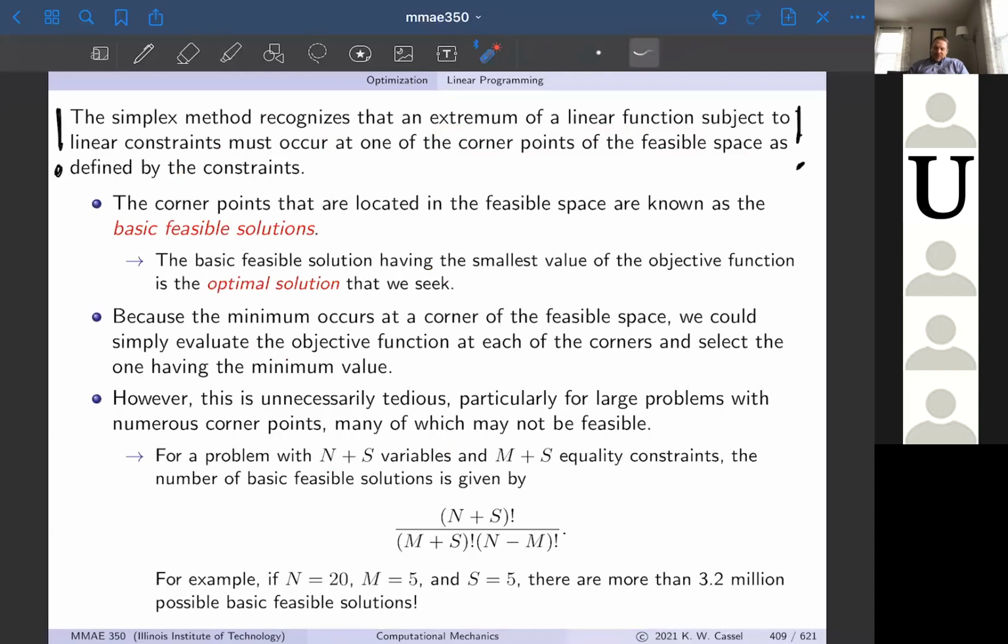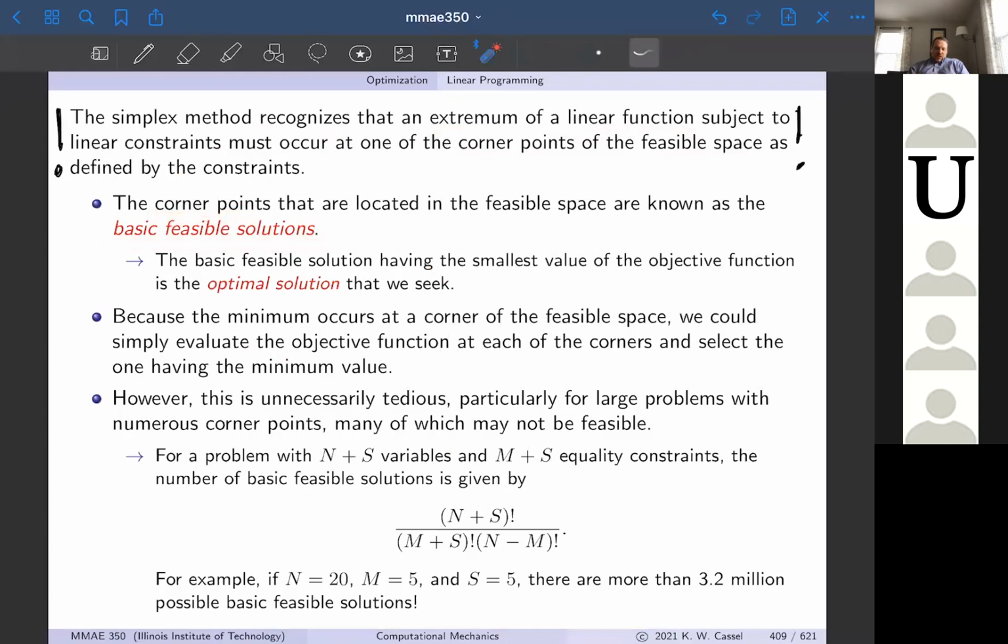So now, oh, I told you, I warned you. So now these corner points, so we have the feasible solution, which is a region, which has an infinity of points. The basic feasible solution is going to be all the corner points in the feasible solution that could be, they're not necessarily, but they could be their potential, their candidate optimal solutions.